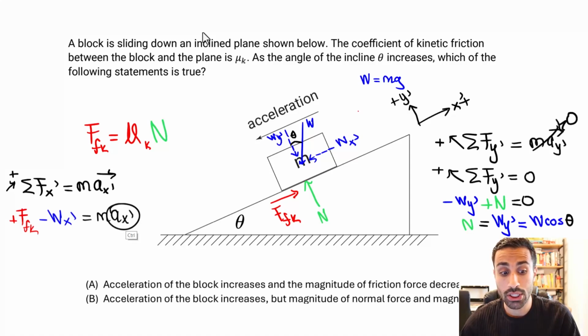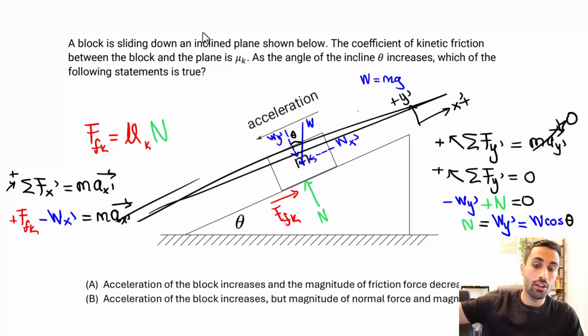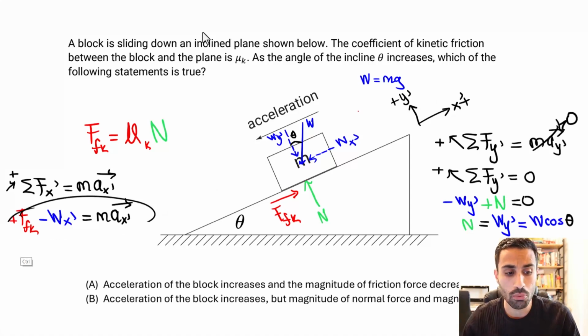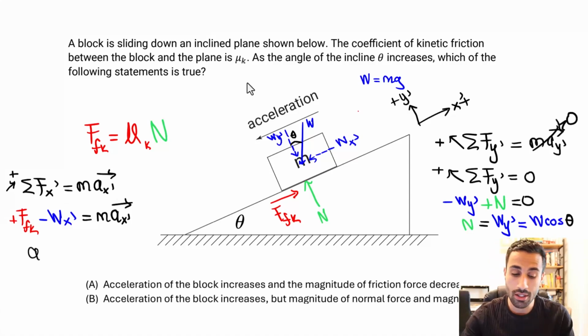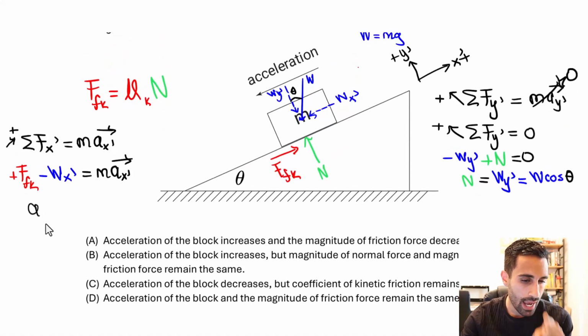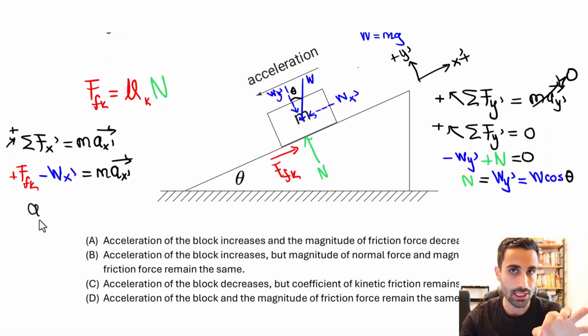So this acceleration in the x prime is there, so we have to consider that. It must be there, and we have to consider that because this moves down in the x prime direction, so there is acceleration. So I can rearrange this, because the question here is asking us about the acceleration, normal force, friction force. I need to redefine this in terms of acceleration. That will help me answer and arrive at a conclusion.